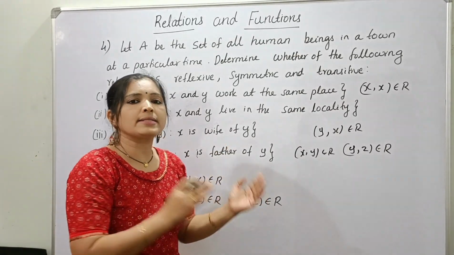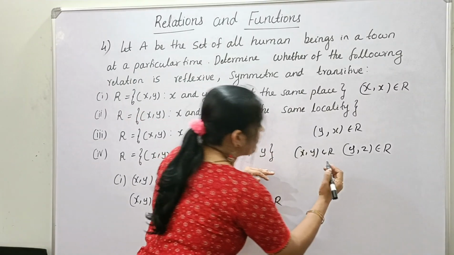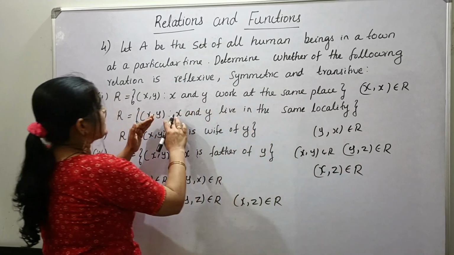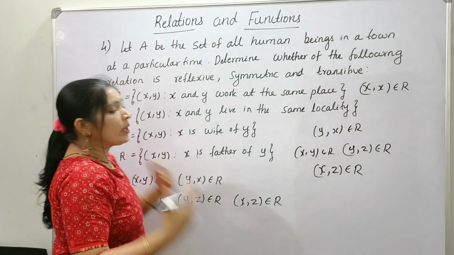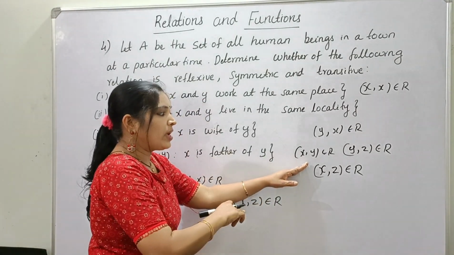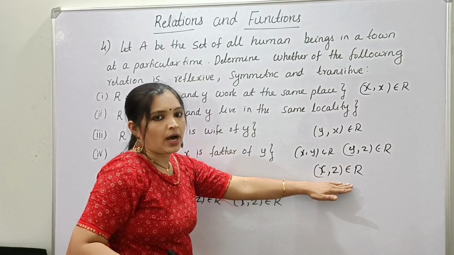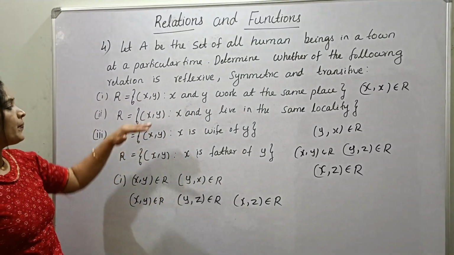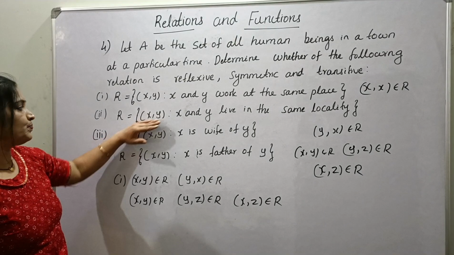So x and z live in the same locality, which means xz belongs to R. So if xy belongs to R and yz belongs to R, then xz belongs to R. Therefore this relation is transitive. Therefore this relation is reflexive, symmetric and transitive.